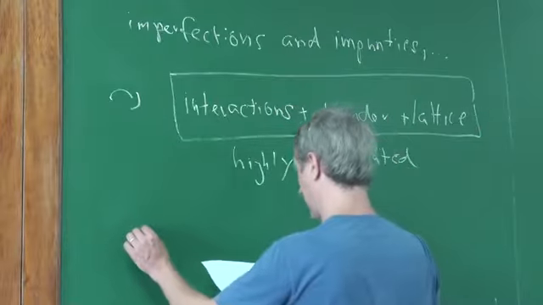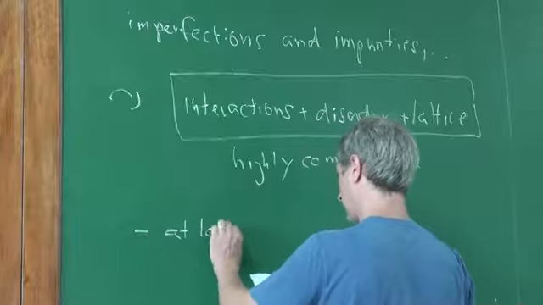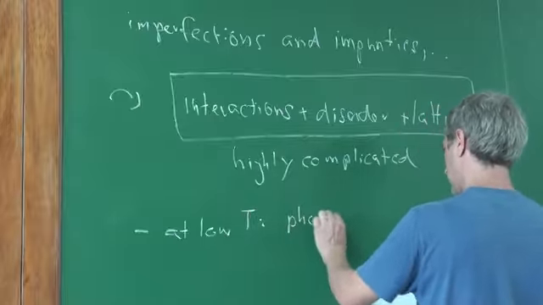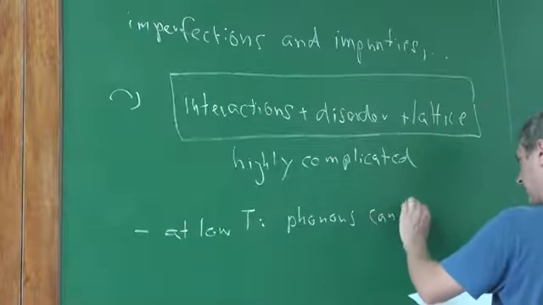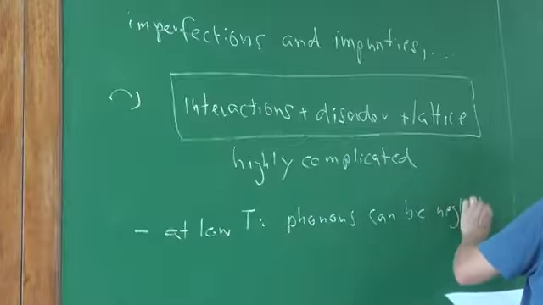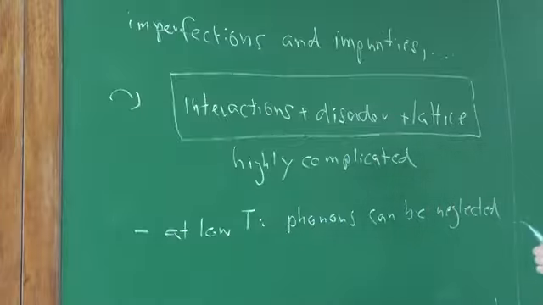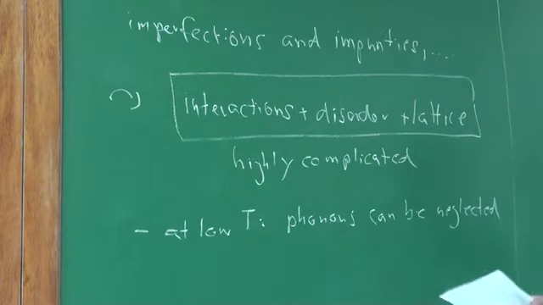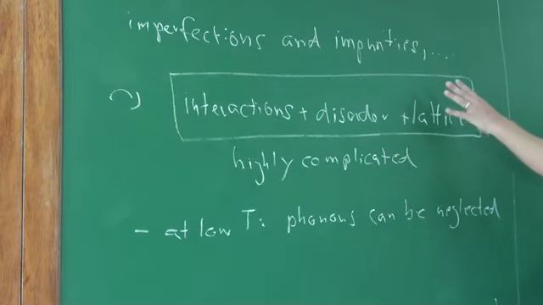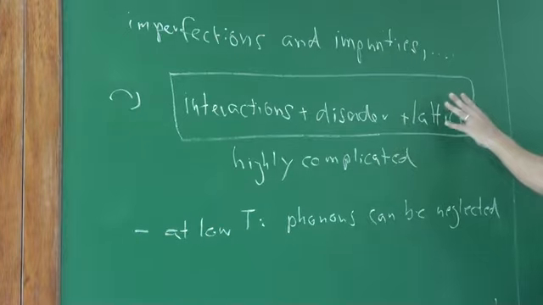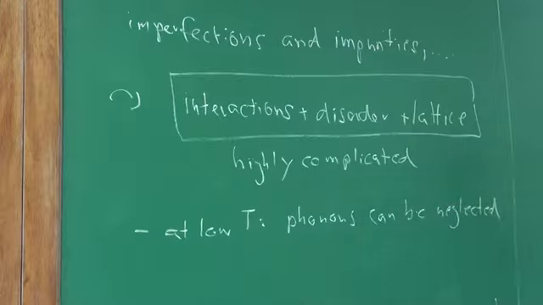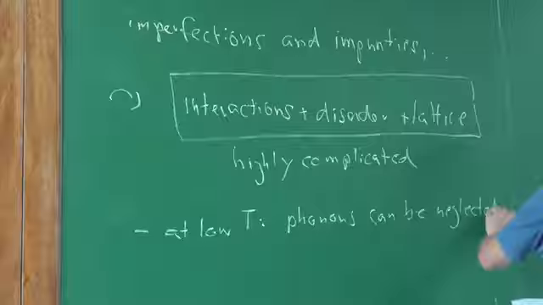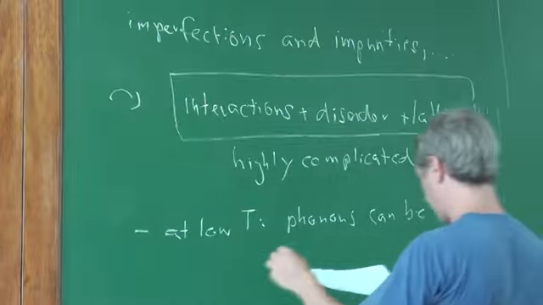The motivation is that at low temperatures, typically the phonons can be neglected. So you can forget the motion of the lattice ions and just consider that they form some positive background to make the system overall charge neutral, but we do not have to consider scattering off phonons at low temperature. So what we mean here is that phonons can be neglected.